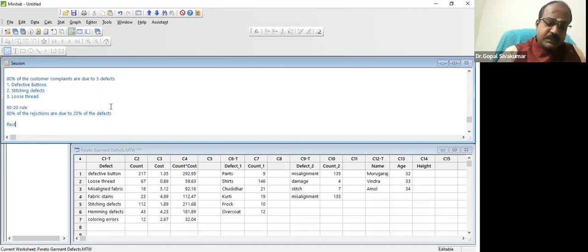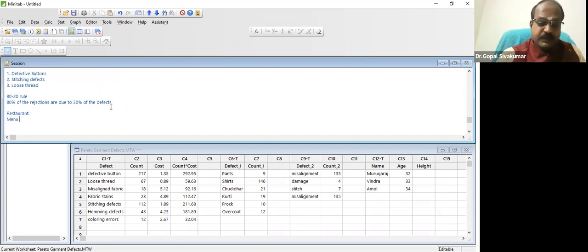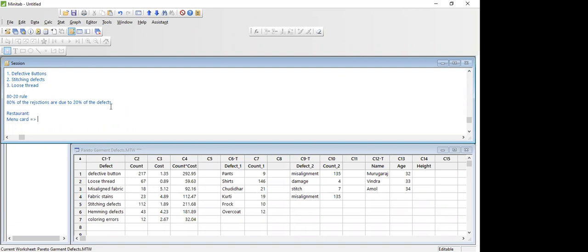Similarly, let us take some other example. Let us say you are running a restaurant. If you are running a restaurant, in the menu card, how many items will be there? Let's say a big restaurant, right? 100 seating capacity. Now, how many items will be there in a menu card? Approximately 50. Okay.